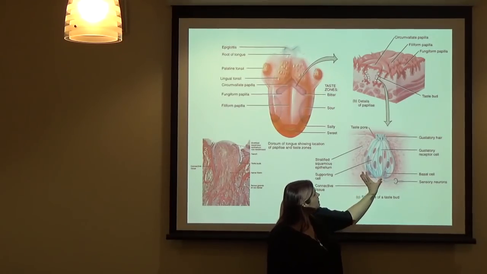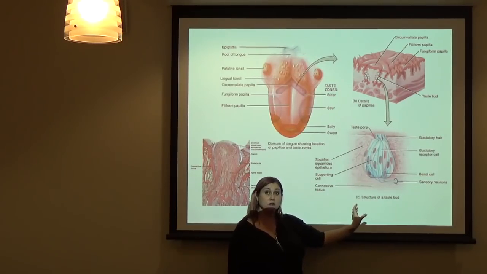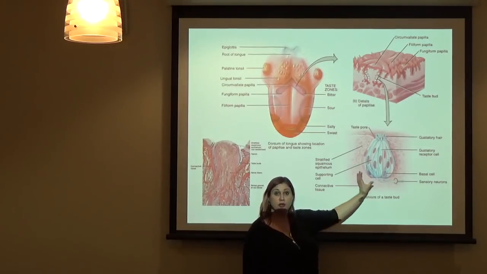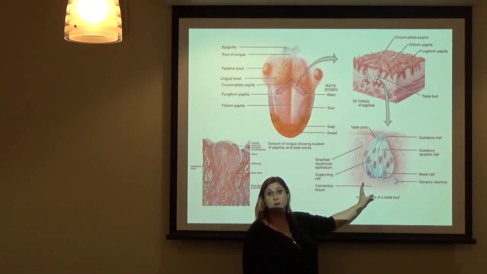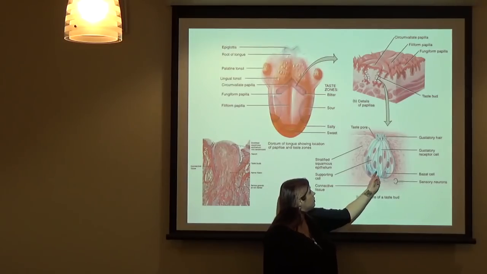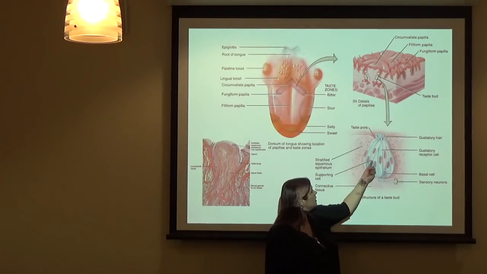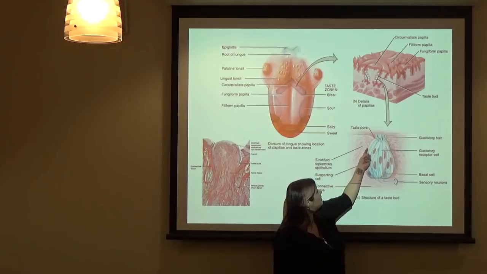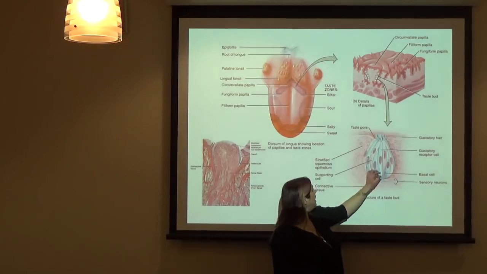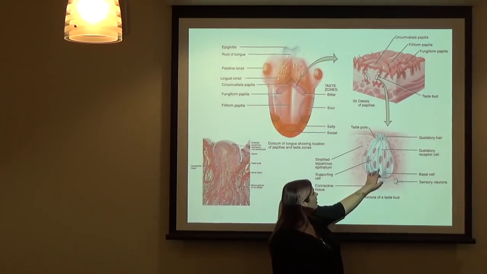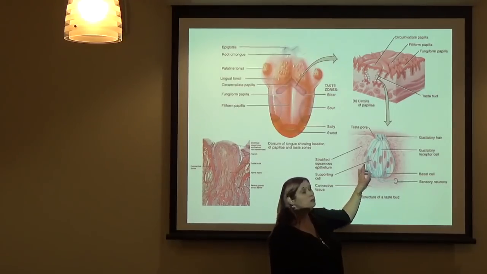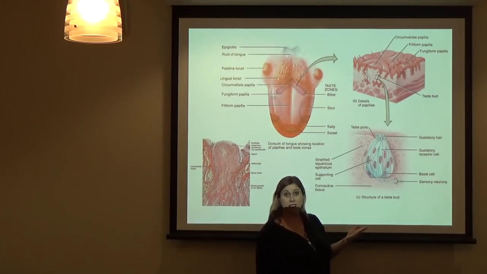And a taste bud contains 50 to 150 taste receptor cells, TRCs. So each of these cells that you see here is a taste receptor cell. And each one responds to a different tastant.